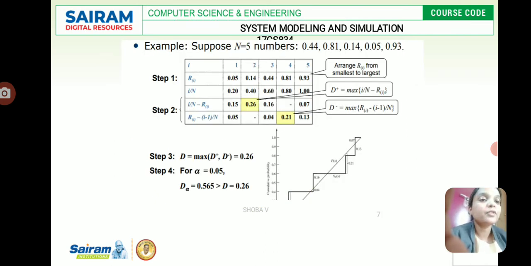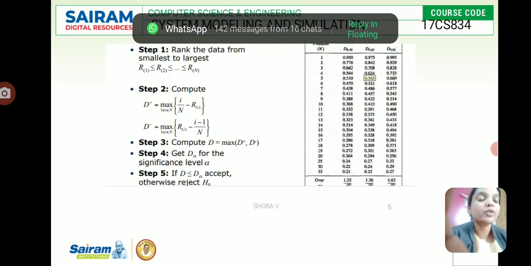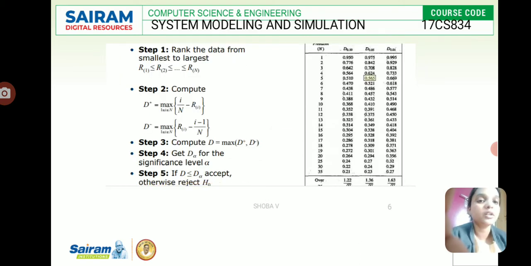Here we found 0.26 as a maximum value, and also 0.21. And then the third step is to compute the maximum of D plus or D minus. So we have found 0.26.